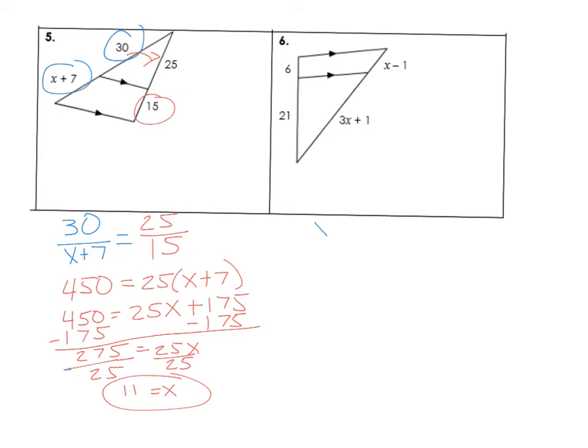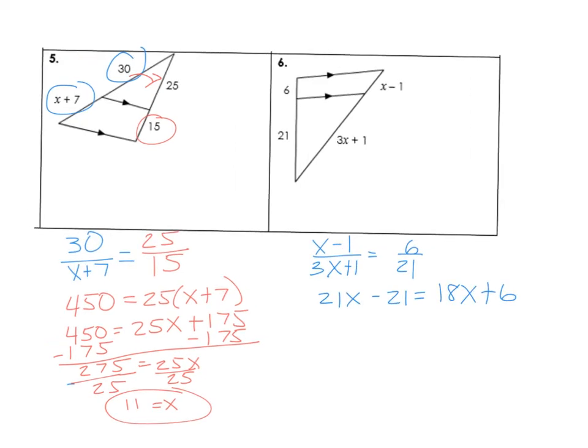So I'm going to start with my x minus 1. Oopsies. Over 3x plus 1 equals 6 over 21. Again, don't get hung up on my setup. If your setup is a little different, that's okay. So we have to cross multiply. Now both of these, make sure you distribute. So 21x minus 21, and then 18x plus 6.